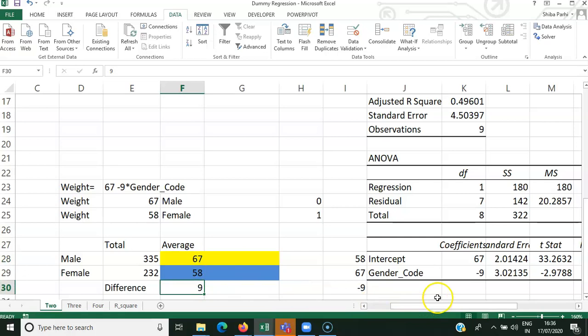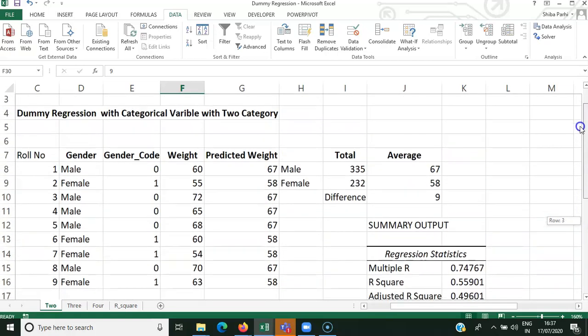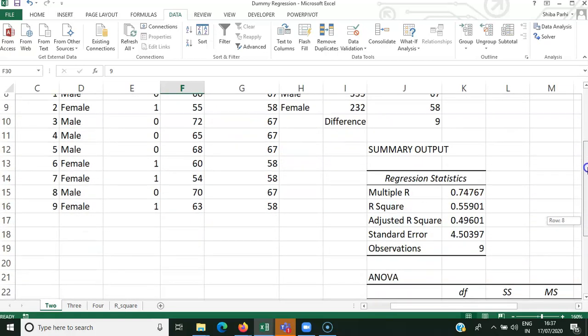So we understood the regression coefficient is nothing but the difference between the average weight of these two different groups, and this intercept is the base weight for the male when your code is 0. So this is for the two groups.